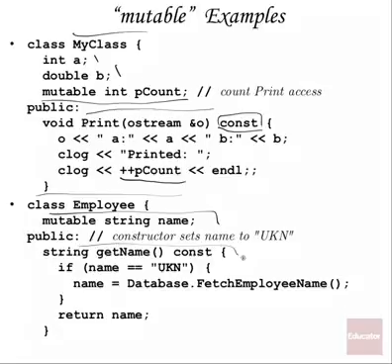But what it will do in part of that getting, let's say the constructor has set the name to UKN or has set some flag. That's another thing that you might want to set to mutable. Let's say we have a mutable Boolean isSet. And the constructor could set it to false because it has not been set yet.